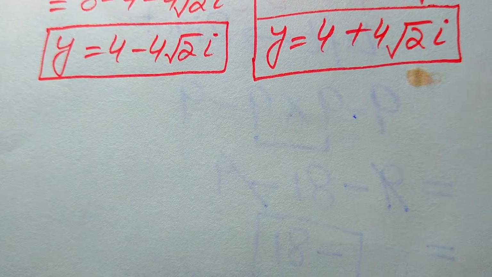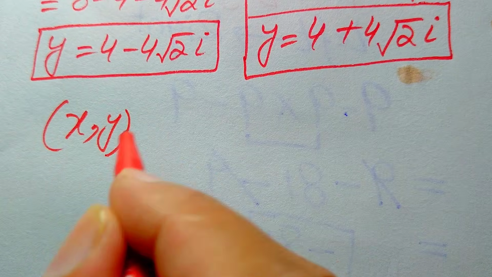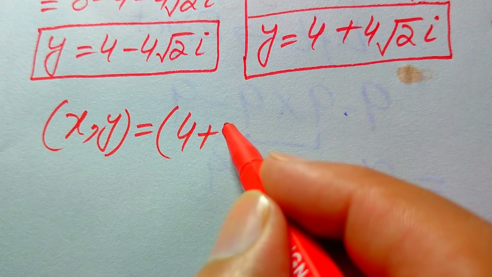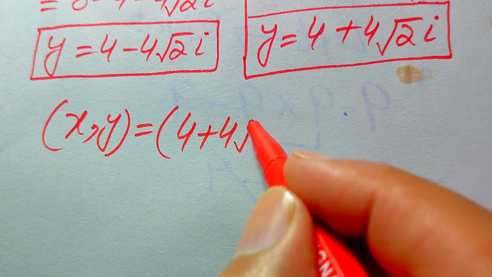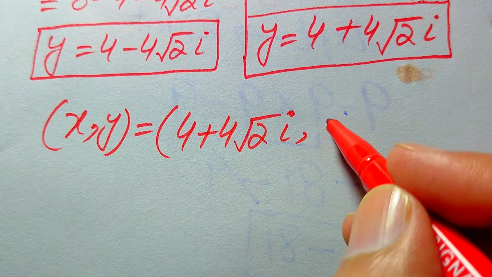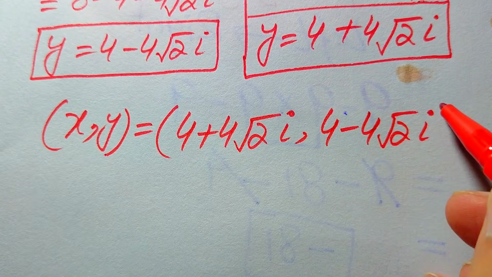So here finally we have two ordered pairs of roots of the given equation. The first root is x equals 4 plus 4 times the square root of 2 iota, and y is 4 minus 4 times the square root of 2 into iota.